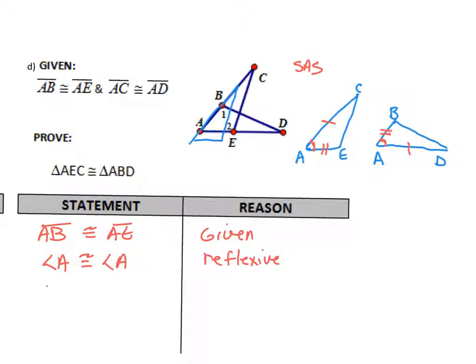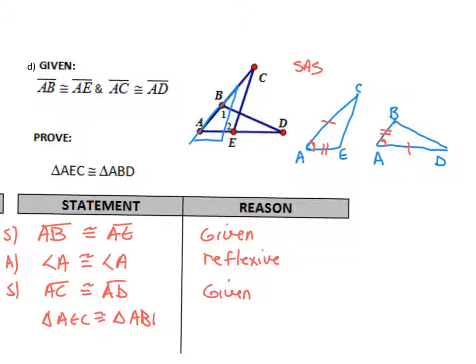And AC is congruent to AD because it's given. So there's our side, our angle, and our side. So therefore, the two triangles AEC is congruent to triangle ABD because of side, angle, side.